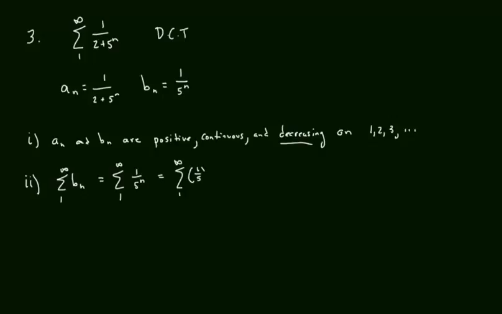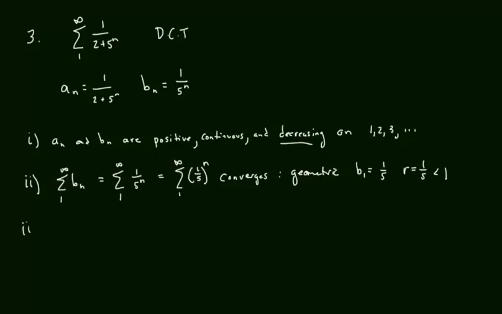What if I wrote 1 over 5 to the n? Then hopefully you can say that this converges observationally because it's geometric with b1, the first term being 1/5, and the common ratio being 1/5, which is less than 1.